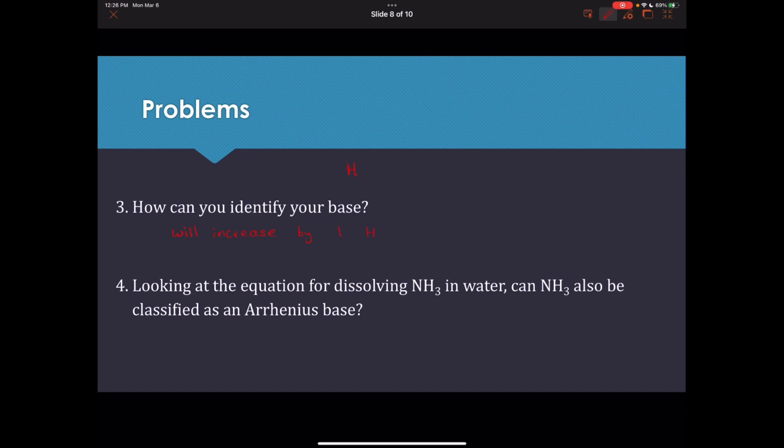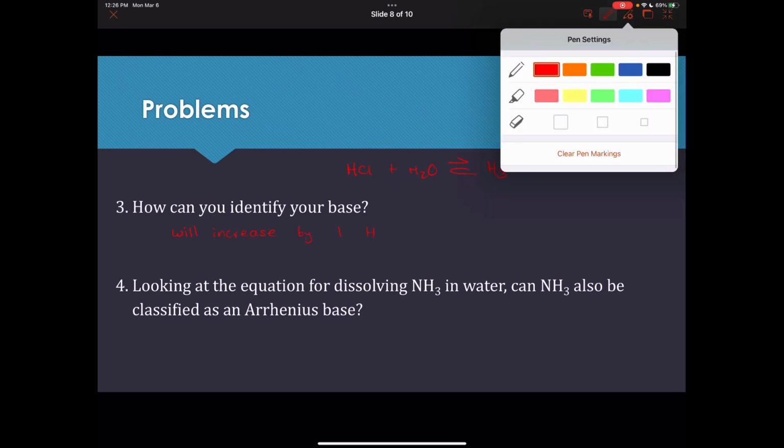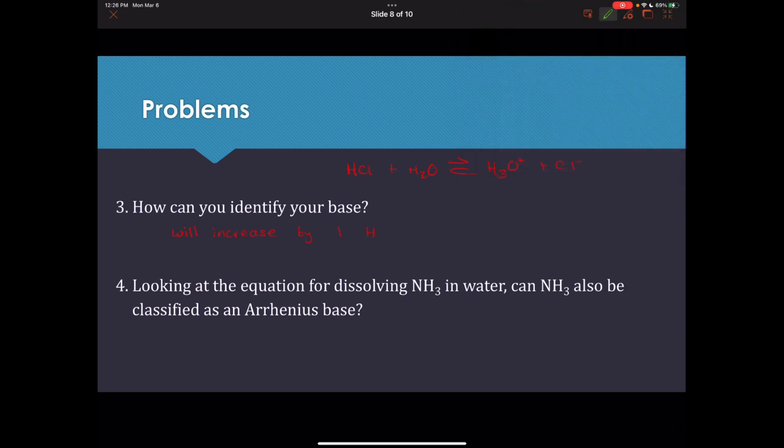Again, if we look at our HCl in water, producing the hydronium and the Cl-, my water starts with 2 hydrogens. It now ends with 3 hydrogens. The hydrogen amount has increased during that exchange, so the water has gained, or accepted, a hydrogen.